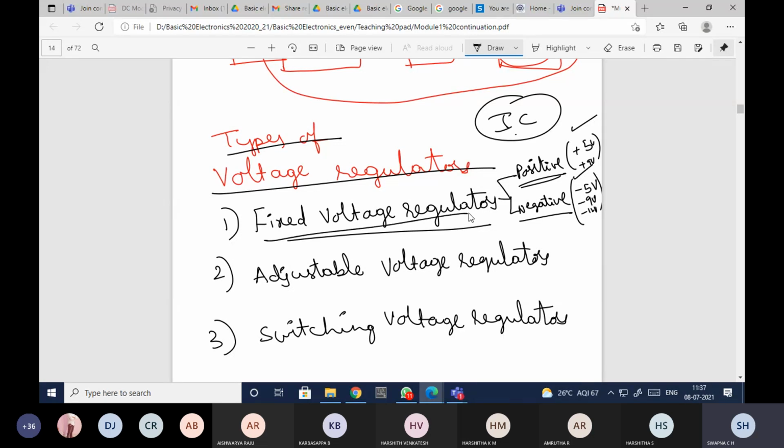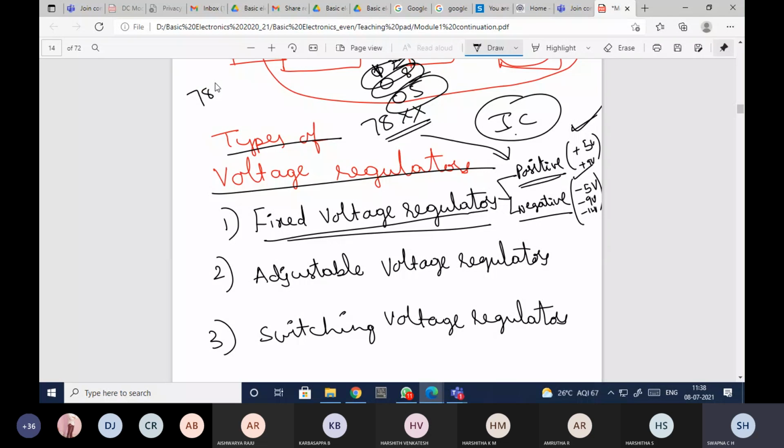In our syllabus we'll study fixed voltage regulators only, specifically the 78XX series. Positive voltage regulators are those whose IC number starts with 78, and XX can be 05 or 08 or 12, like that. These last digits specify how much constant voltage it will provide.